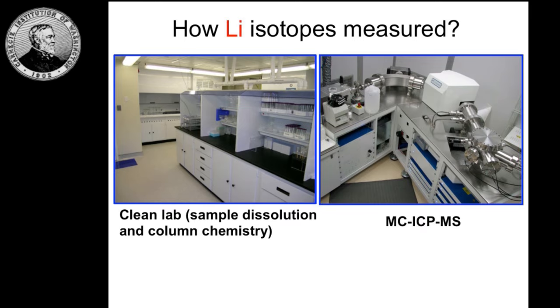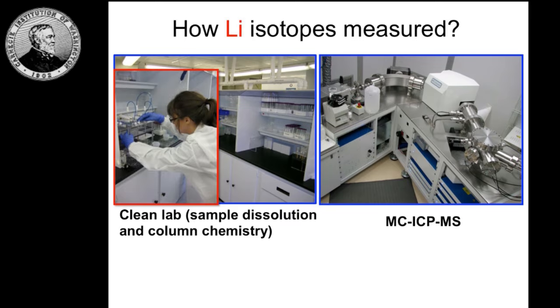So we set up chemical exchange chromatography to get rid of other elements that we don't want. Basically, we only have lithium solutions in the end. So this is a very laborious process, so it needs a lot of crying time in the lab, or happy time in the case of lithium, right?